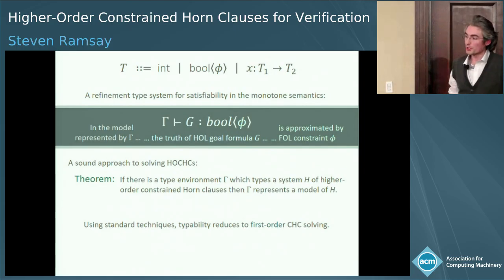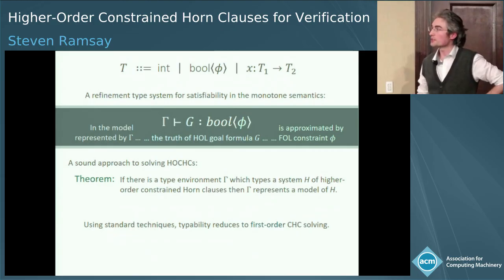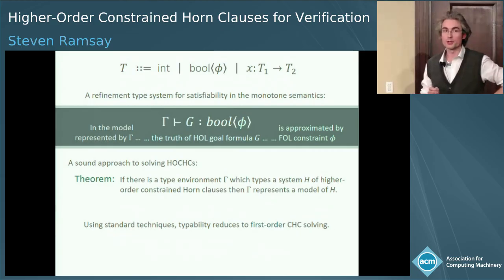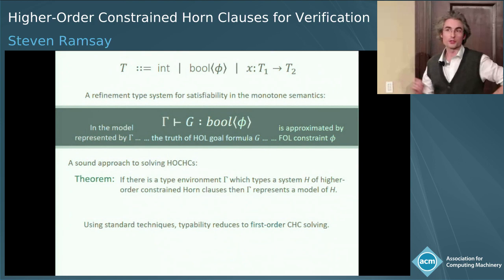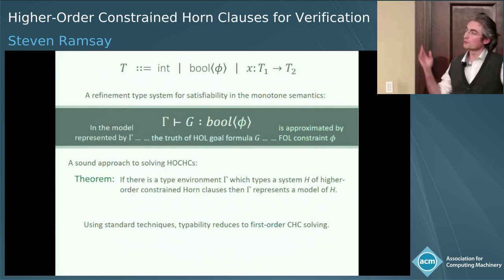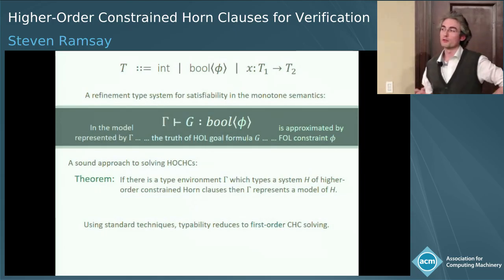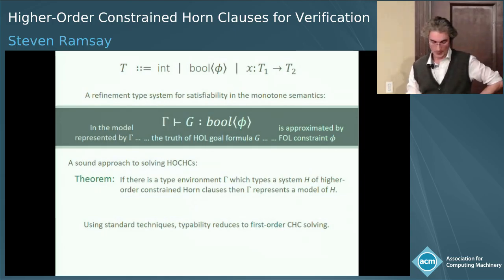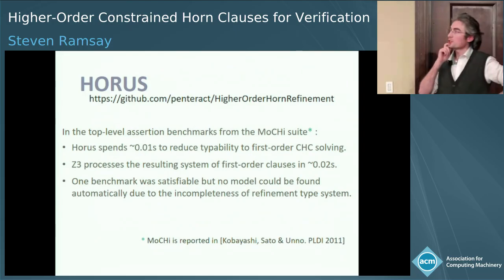And we know from the work in refinement type inference that finding a type environment, in other words, typeability, actually reduces to first order constrained horn clause solving. If you remember at the start, as I said, there are many efficient first order constrained horn clause solvers already. So taken as a whole, this seems like a reasonable approach for trying to solve the higher order case. So we tested that by writing an implementation that encodes this methodology.